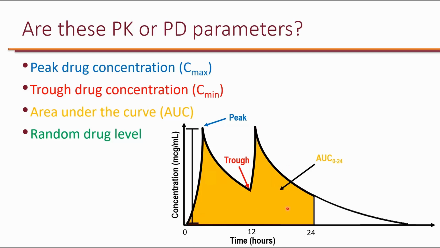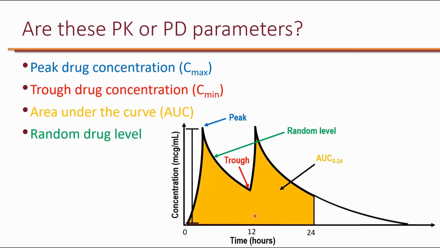But regardless, AUC is the area under the curve for a 24-hour period. And of course, you could get the level at any time between peak and trough, and that would be considered a random level. Now, when it comes to antibiotic, these things only tell you how the body is handling the drug. So whether it's AUC or the peak or the trough, it's basically telling you how much drug is left in the body at a specific time.